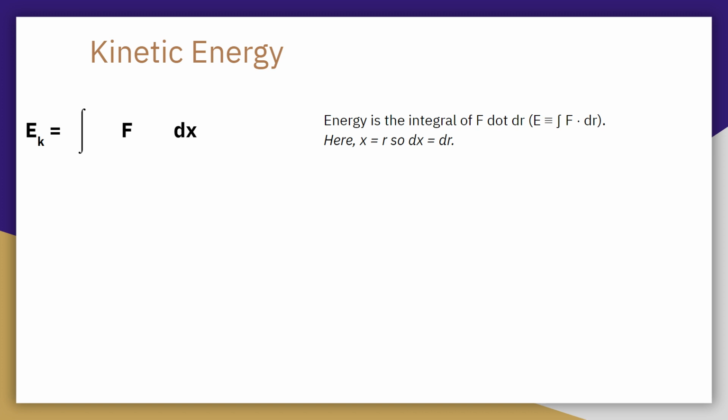Our kinetic energy would be equal to the integral of our force acting on the system that's causing the displacement dx. So our energy is the integral of F dot dr. And then specifically, once again, I'm going to be focusing on our x-axis acceleration here, which would be proportional to our x-axis displacement, which is why I'm using x instead of r for our position variable.